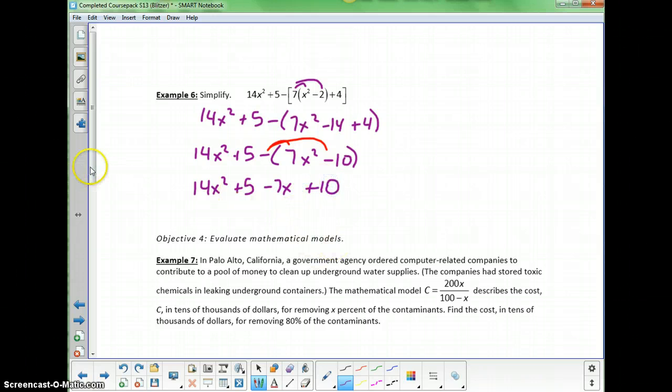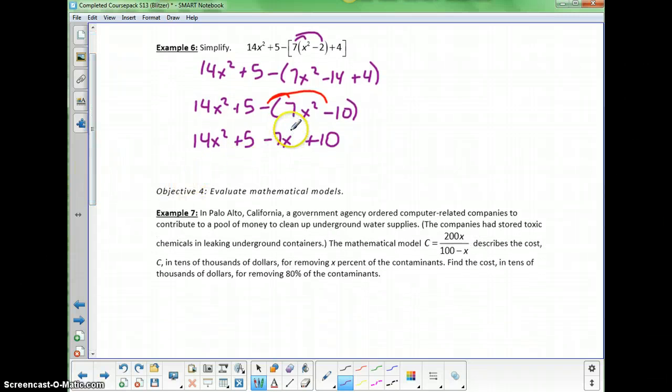And again, we're going to combine our like terms right here. Oops, that was a squared, I forgot to write that. So we've got 14x squared minus 7x squared is 7x squared. And 5 plus 10 is 15. So we're able to combine our properties here using order of operations, the distributive property, and combining our like terms.